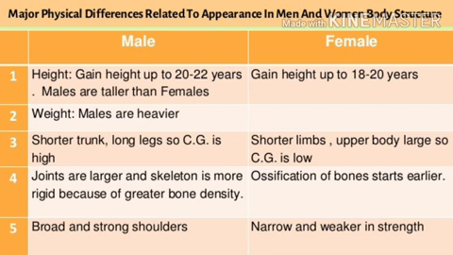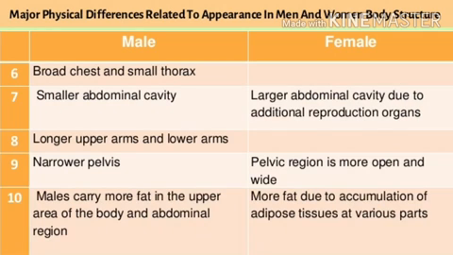In comparison to males, females have narrow and weaker shoulders. The next point is chest and thorax. Males have a broad chest and small thoracic region. In comparison to males, females have a narrow chest and large thoracic region.